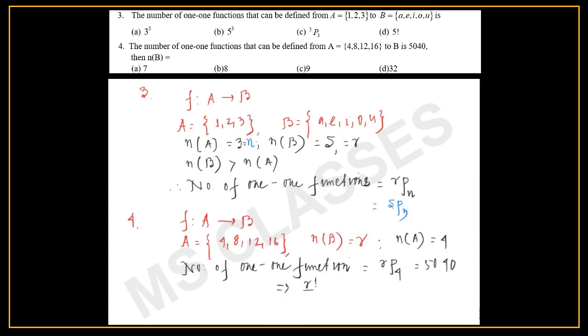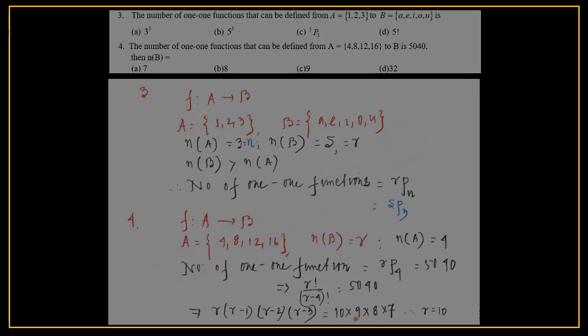R factorial by (R minus 4) factorial equal to 5040. Now, this can be simplified further as R into (R minus 1) into (R minus 2) into (R minus 3) equal to 10 into 9 into 8 into 7. And therefore, we conclude that R is equal to 10. That is, n(B) equals 10.